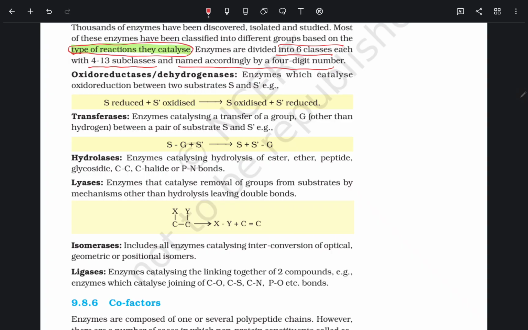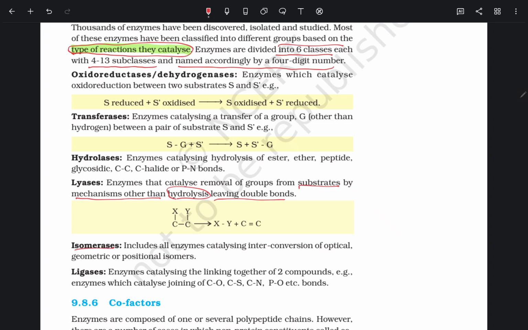Transferases: enzymes catalyzing a transfer of a group G, other than hydrogen, between a pair of substrates S and S'. Hydrolases: enzymes that catalyze hydrolysis of ester, ether, peptide, glycosidic, C-C, C-halide, and P-N bonds. Lyases: enzymes that catalyze removal of groups from substrates by mechanisms other than hydrolysis, leaving double bonds.